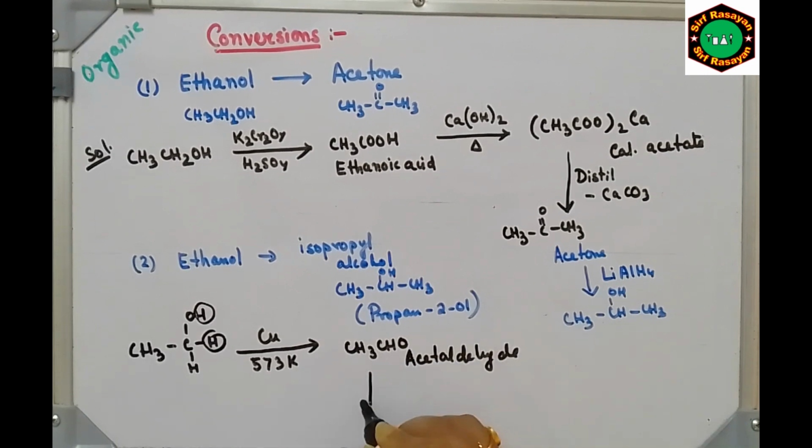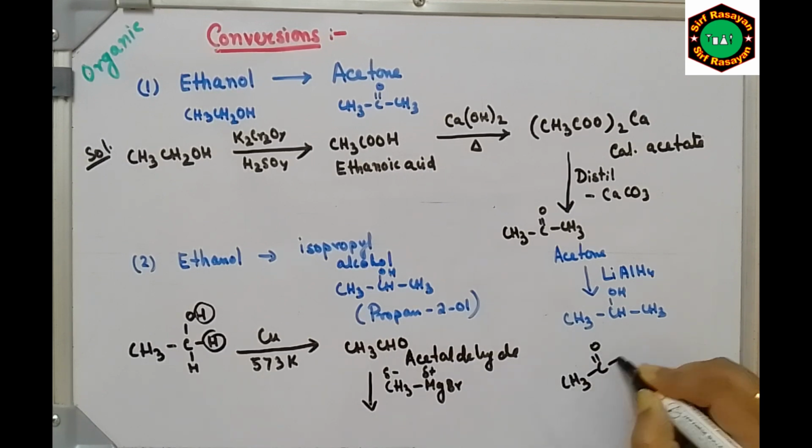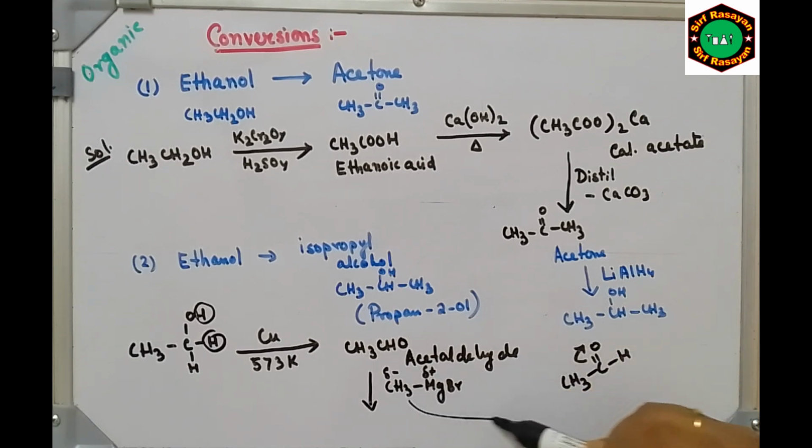Now if you treat it with Grignard reagent CH3MgBr, what is the polarity of this reagent? Here delta plus, here delta minus. So how will the attack take place? This is CH3CHO. This bond will break and CH3 minus will attack here. So what will we get?